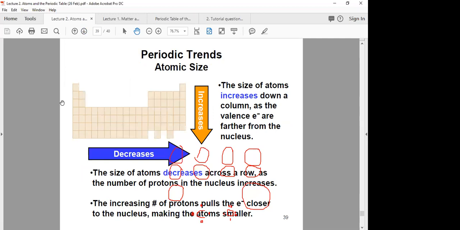And this is another trend that we see on the periodic table. Sorry? Oh, you've got a question. Yes, thank you. All right, the question here is, does it matter where the dots are placed, in which order? No, it does not matter. So if there's only 1 valence electron and you place it on the left or you place it on the right, it doesn't matter. Yep, good question, thank you.